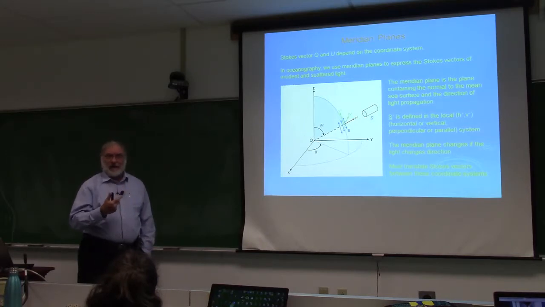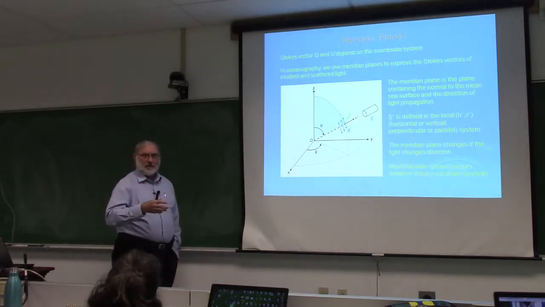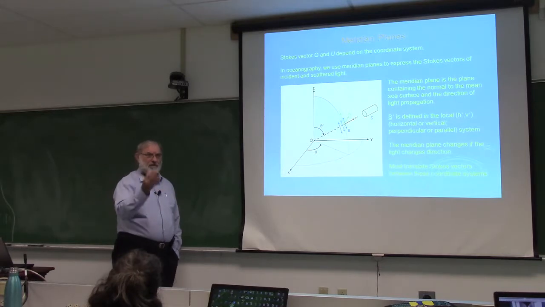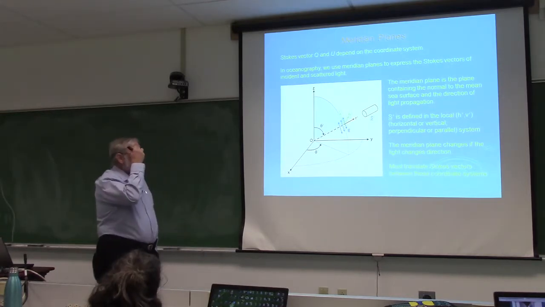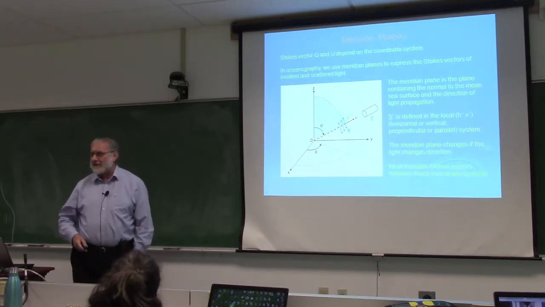And keep in mind that one person's parallel direction is somebody else's perpendicular direction. So once again, in a paper, you have to tell people how you define either horizontal and vertical, or parallel and perpendicular, and then they know what your coordinate system looks like. And it seems like about 10% of papers actually do that.